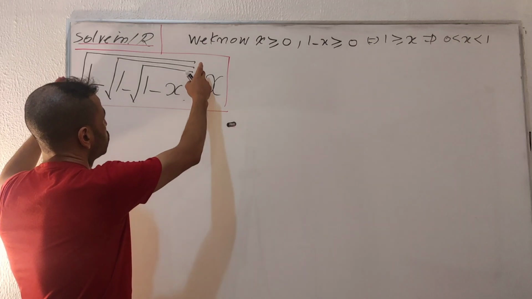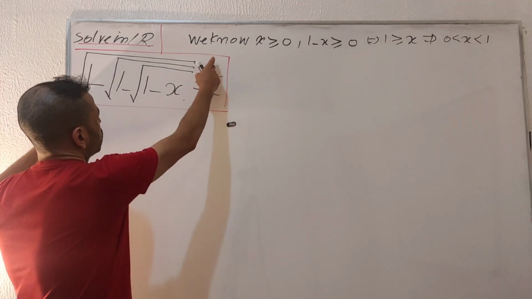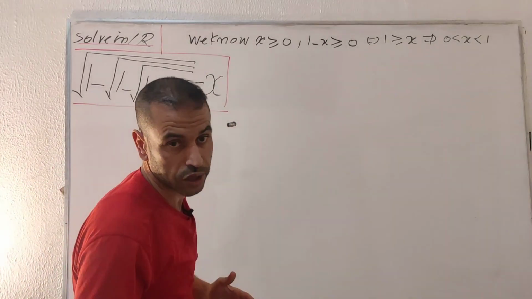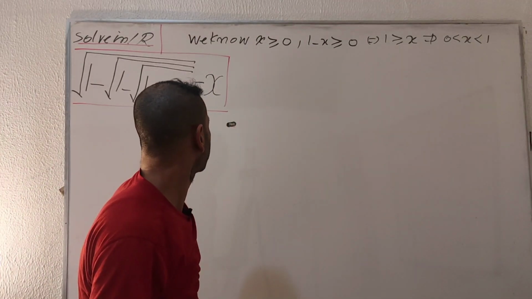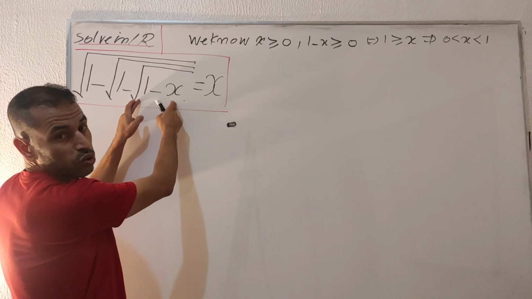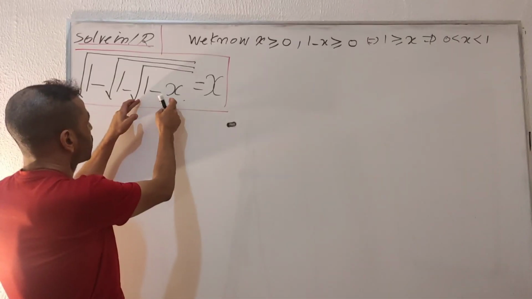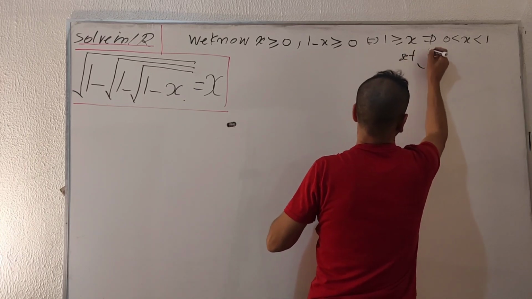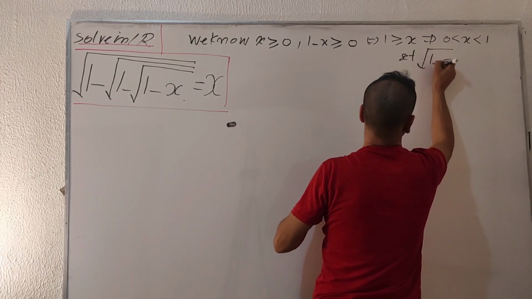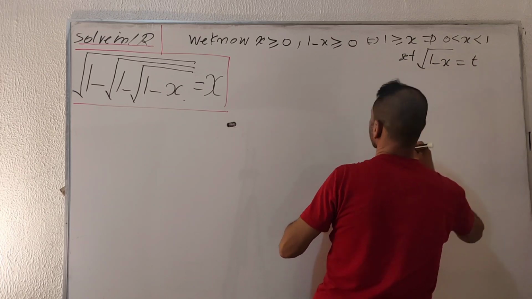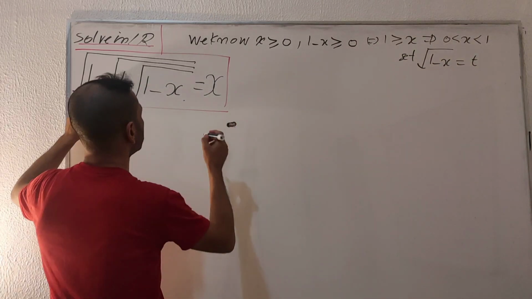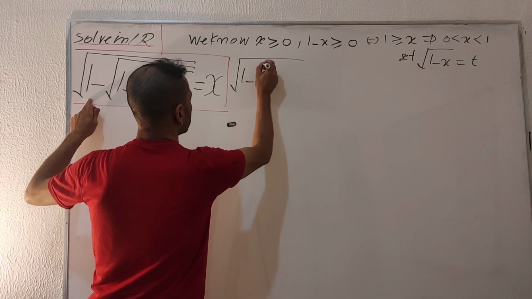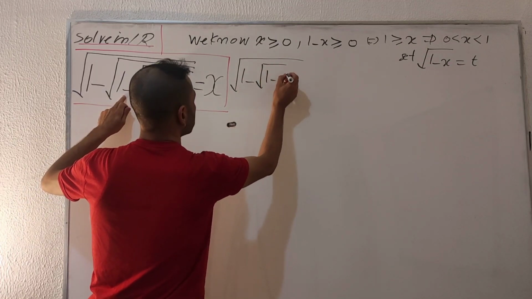It's so hard to calculate this equation like this. By squaring 1 time, 2 times, 3 times, you will have a huge number here. So we are going through a nice substitution by setting the square root of 1 minus x equals t. Then I will have a new expression: the square root of 1 minus the square root of 1 minus t.